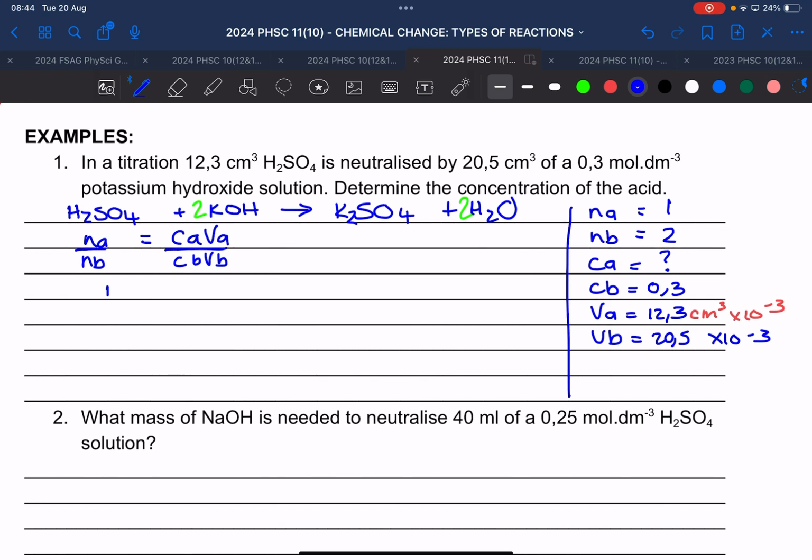So this is 1, this is 2. Where did I get that? There and there. The concentration of the acid is what we want to get. The volume of the acid is 12.3 times 10 to the power negative 3. The concentration of the base is 0.3. Volume of the base is 20.5 times 10 to the power negative 3.